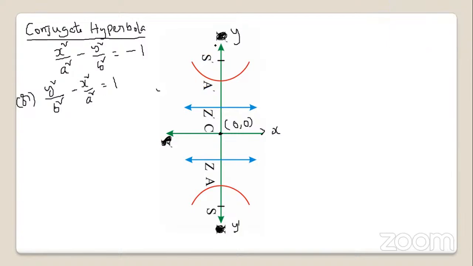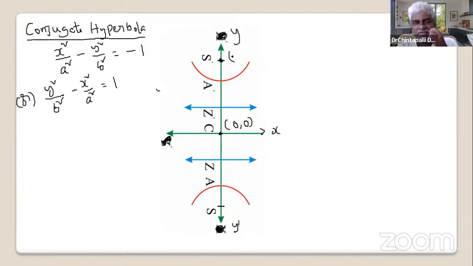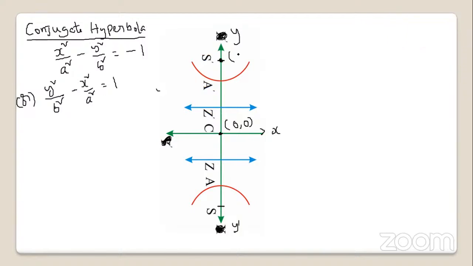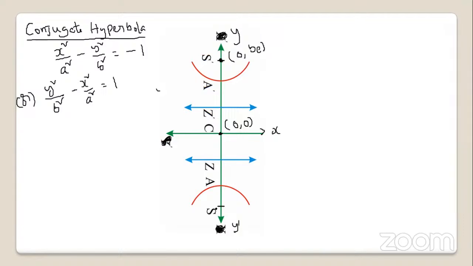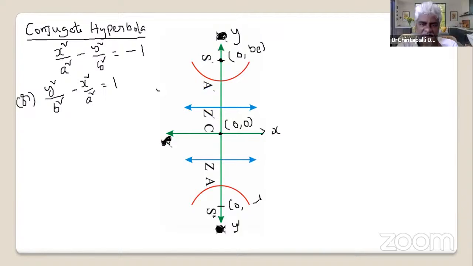S coordinates: in the previous, it is A comma 0. Now it is 0 comma B. S dash: 0 comma negative B.